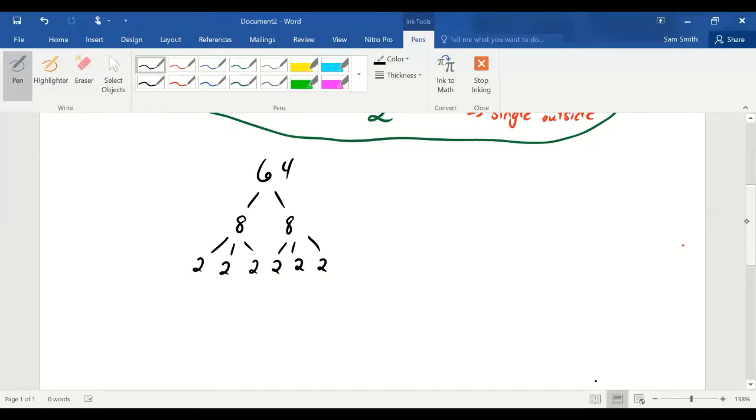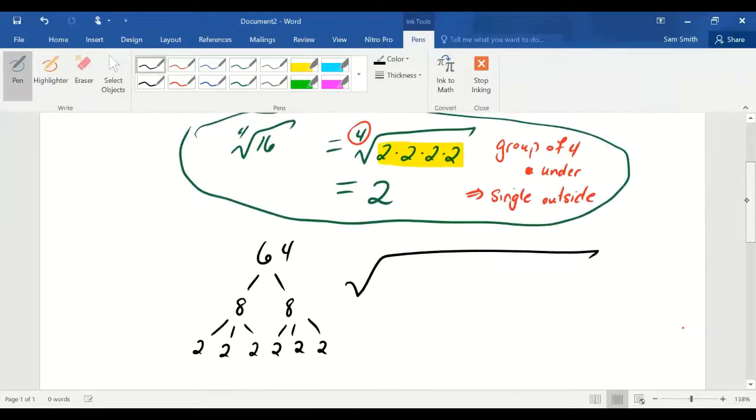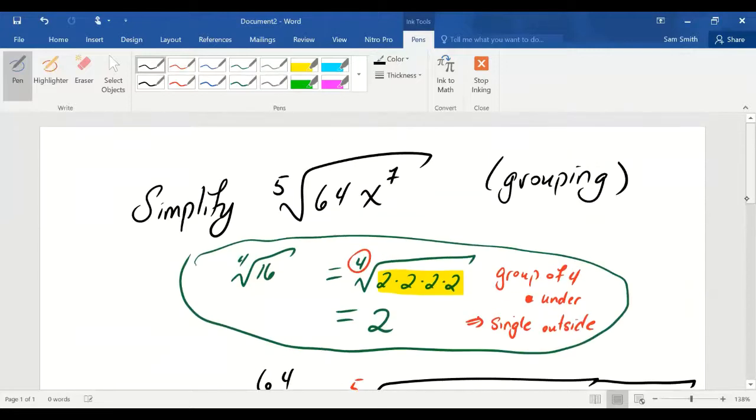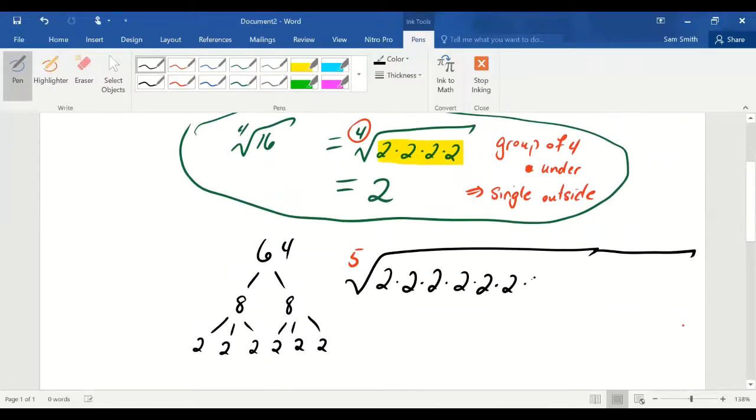Okay, so I'm going to replace the original problem, where I was taking the fifth root of 64, I'm going to replace 64 with six 2s. Likewise, I'm going to replace x to the 7th with 7 factors of x.